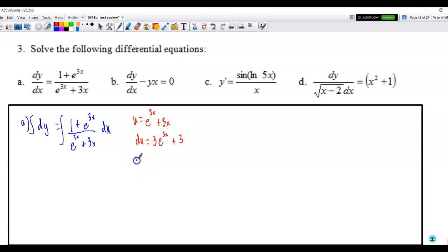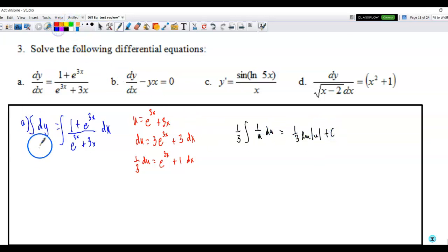I can factor out the 3 and divide it to the other side, and that will leave me with e to the 3x plus 1, which is perfect, and that's my dx. And that's perfect because that's what's in my numerator. So my rewrite would be 1/3 integral of 1 over u du. So that'll be 1/3 ln, absolute value of u plus c.